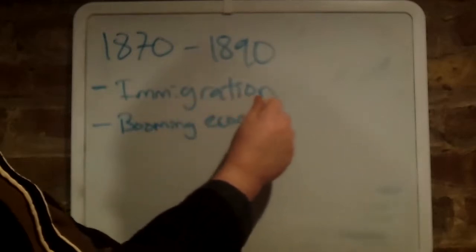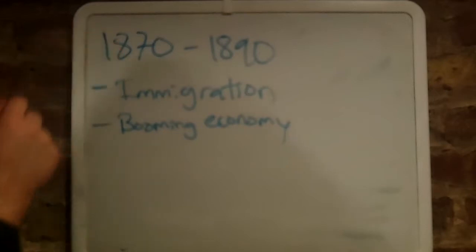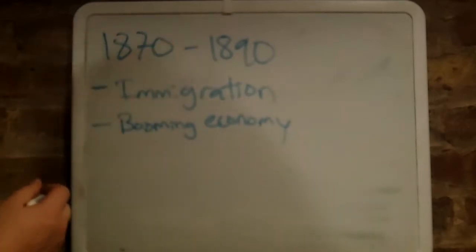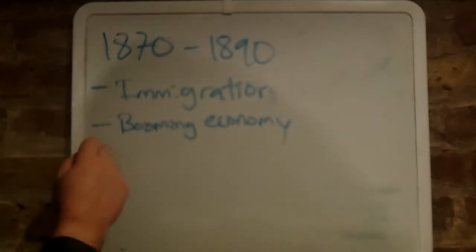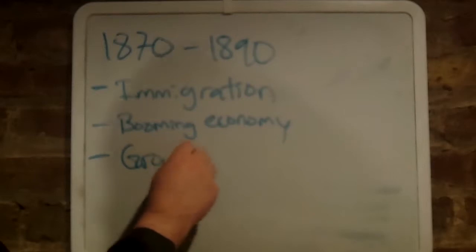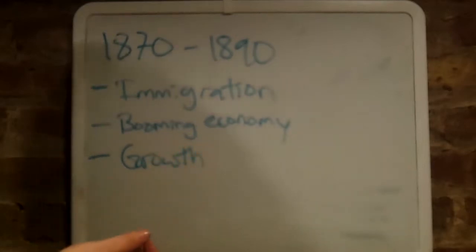There was one big financial crisis in the 1870s, but otherwise it was a very prosperous time. Growth in technology. The Transcontinental Railroad was completed, the telephone was invented, a number of other advancements.